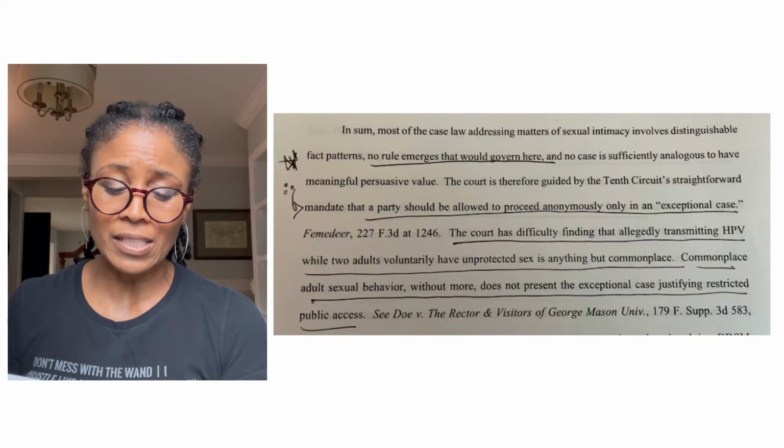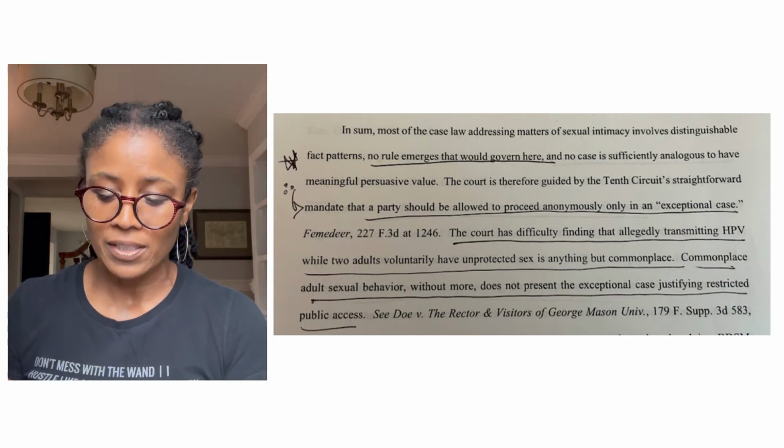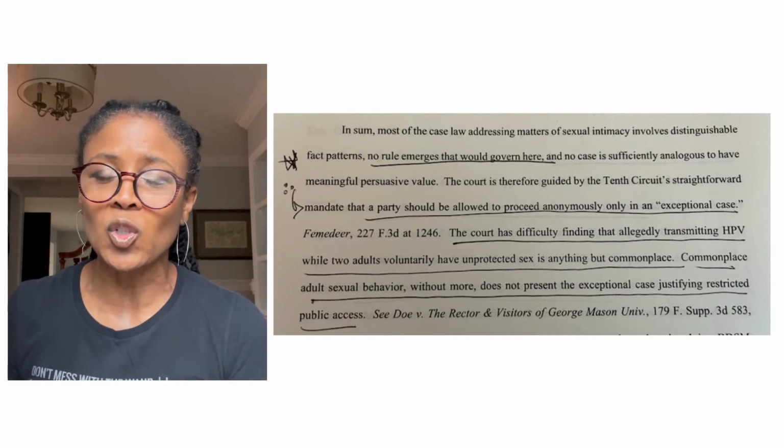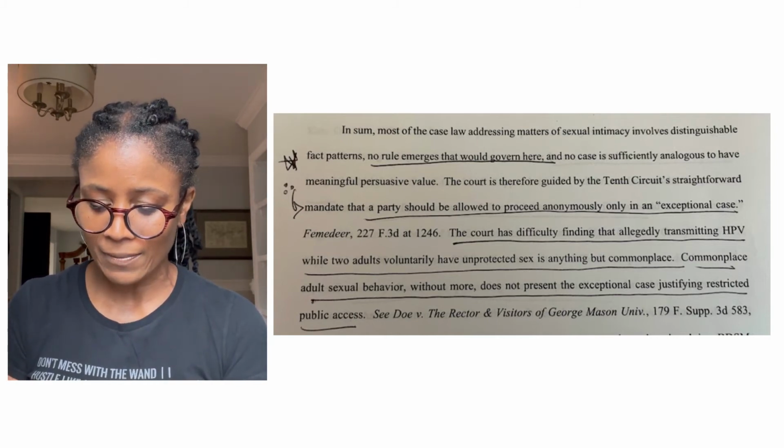People do it all the time, in other words. Commonplace adult sexual behavior without more does not present the exceptional case justifying restricted public access. The court's really sort of saying this might be embarrassing, but it's not exceptional.